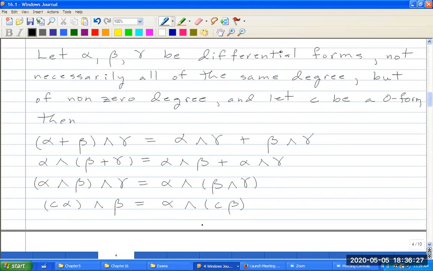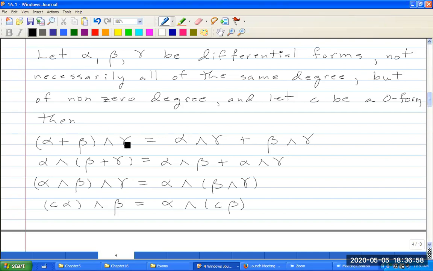Now the important properties. Let alpha, beta, gamma be differential forms, not necessarily all of the same degree, and they could be non-zero degree, or a zero form. Then alpha plus beta wedge gamma is alpha wedge gamma plus beta wedge gamma.